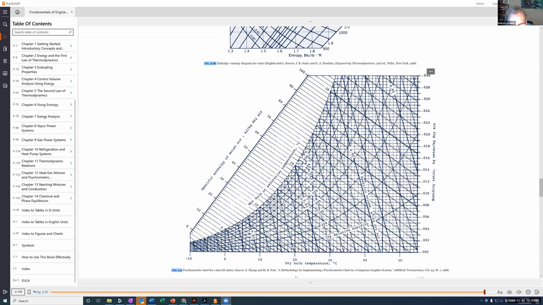So these less steep lines are going to be the lines of constant enthalpy, right? And if we want to make sure of that, it says specific enthalpy right there, and these curves are going straight through like that. So we are here.